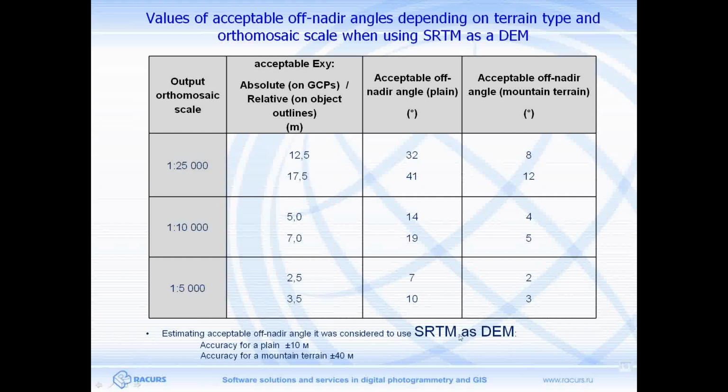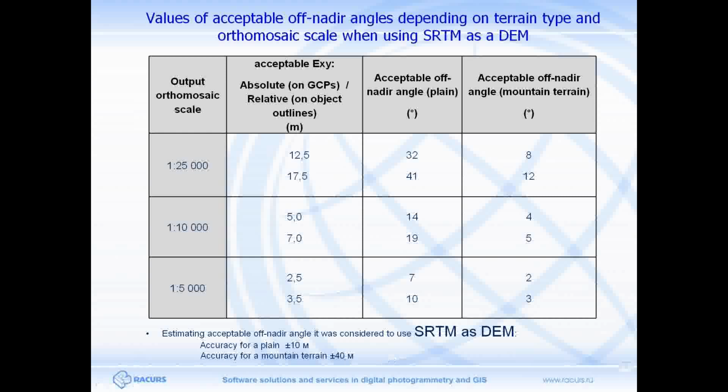Otherwise, you are not able to use SRTM, but you have to use some more accurate digital elevation model, and so on. And we take into account that SRTM accuracy itself is about plus minus 10 meters for plane areas and about plus minus 40 meters for the mountains.